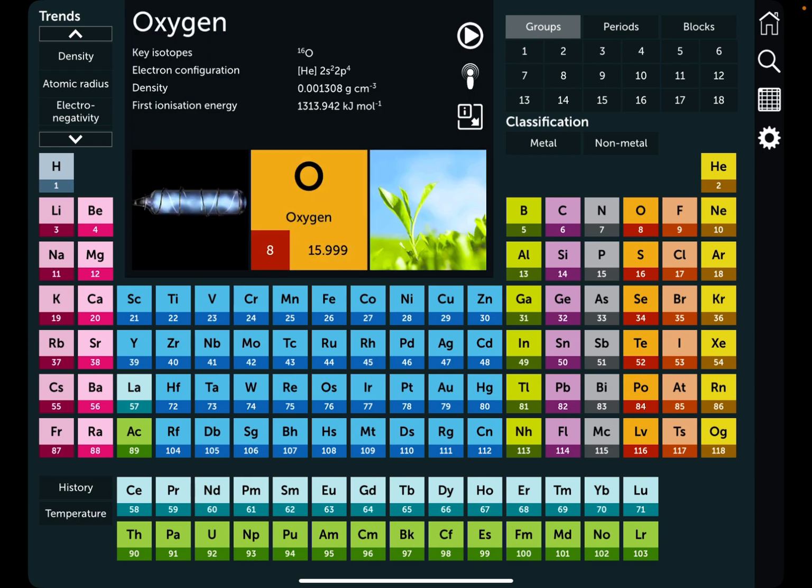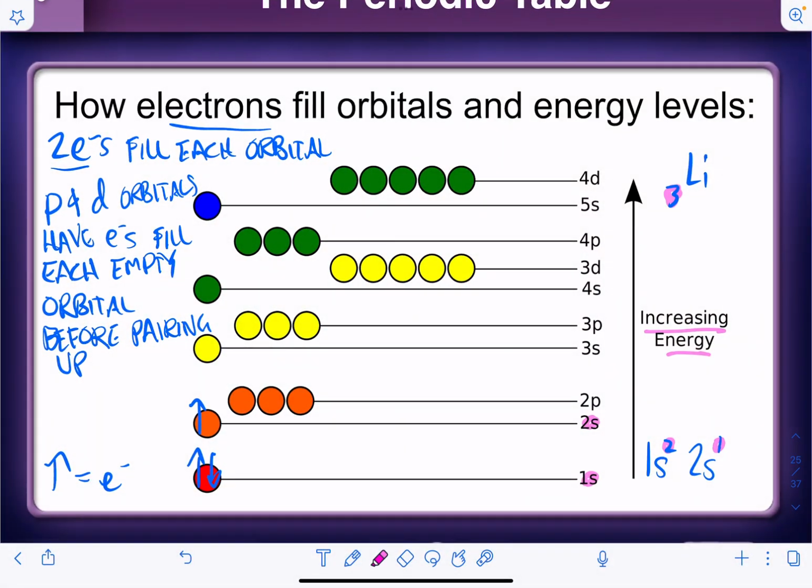I need a bigger atom, and I'm going to use oxygen. Notice it has an atomic number of 8, which is not 15.999. So I'm going to get rid of this one here and start over. So I have oxygen, which has an atomic number of 8. That means it has 8 electrons.